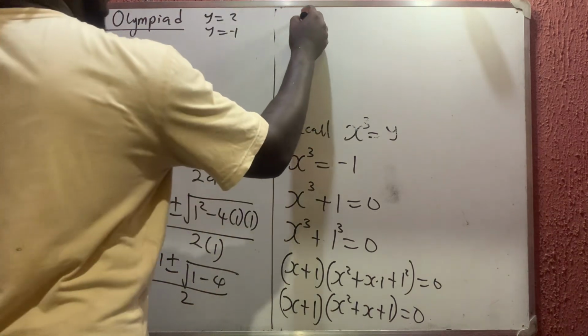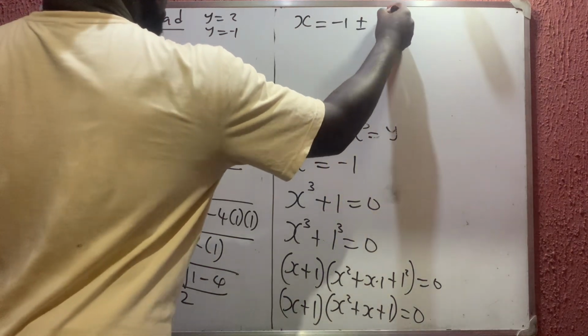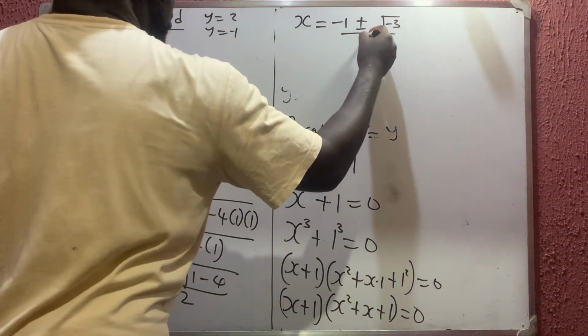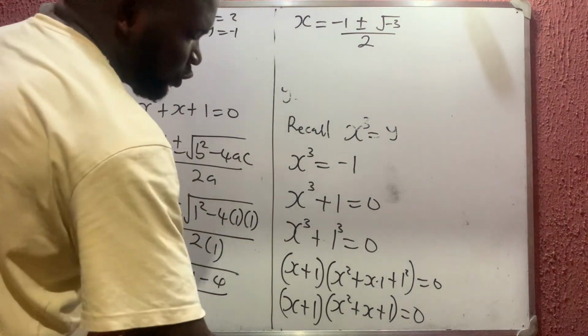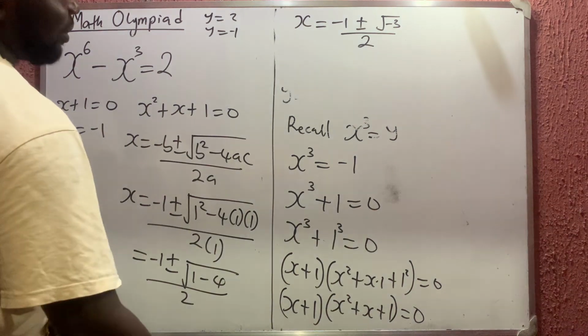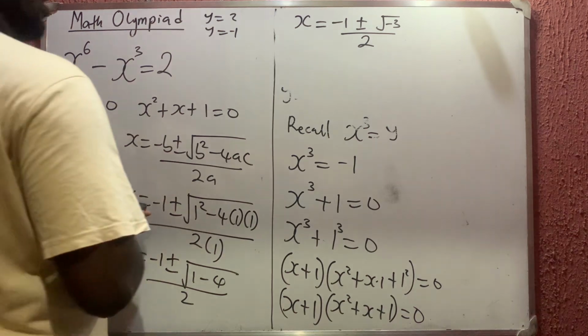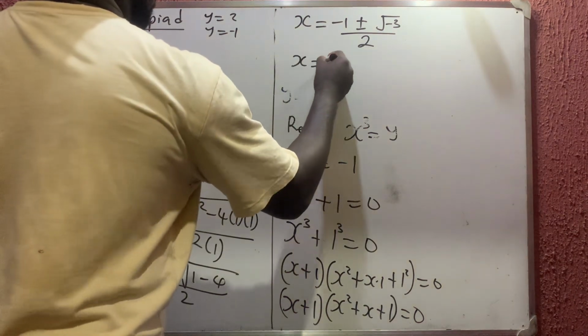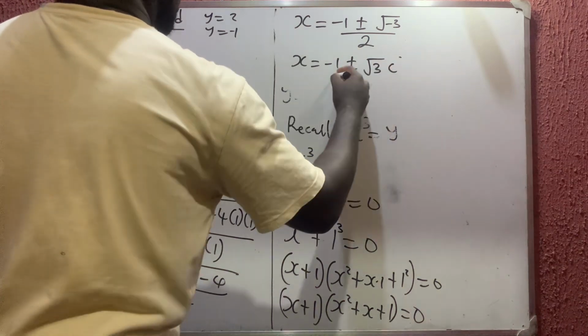So from here, we have that our x is equal to minus 1 plus or minus the square root of minus 3 all over 2. Okay? And don't forget that the square root of a negative number is giving us a complex number. So our x is equal to minus 1 plus or minus the square root of 3i over 2.